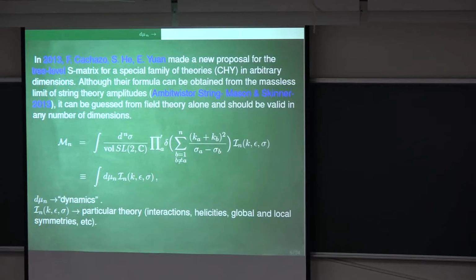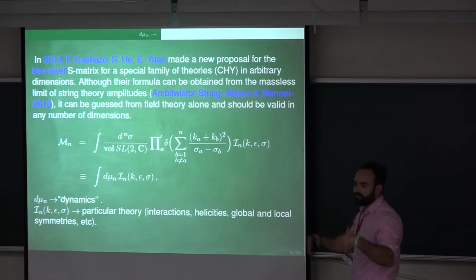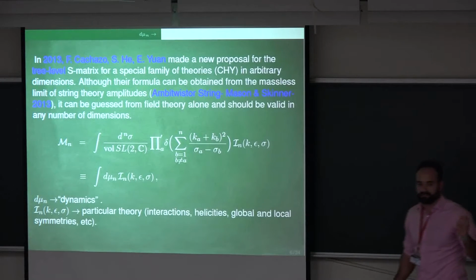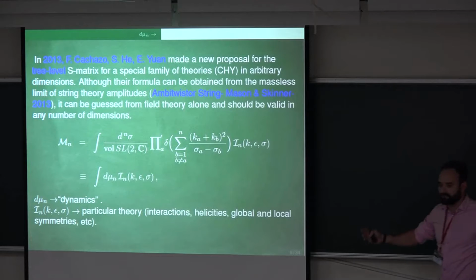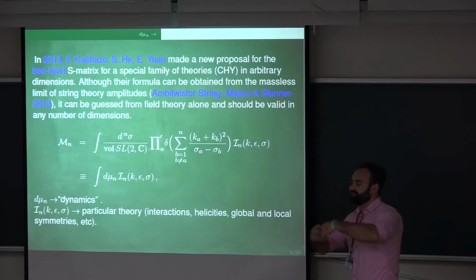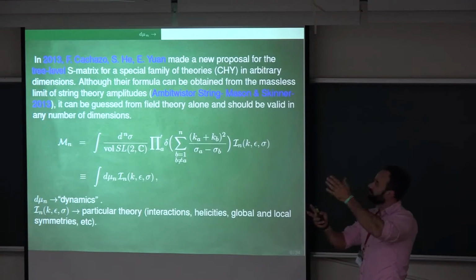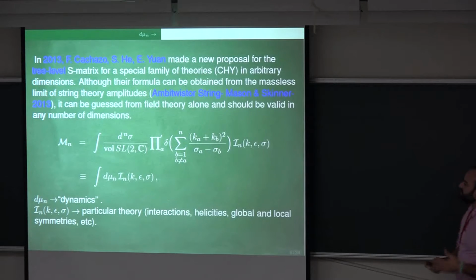From the string point of view, you can think that you start from a string theory, any string theory you like, and then you study the high energy behavior for a scattering of 4 strings. You take the large energy limit, and in that limit the integration over the worldsheet will be dominated by a saddle point, and this saddle point occurs just in this thing.